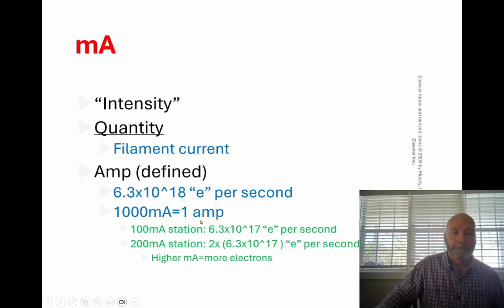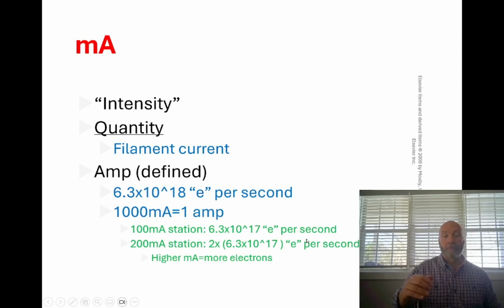Okay, so we don't use a full amp, but it's still a tremendous number of electrons. What we learned from physics last semester is that the creation of X-rays is very inefficient. So even if only 1% of the electrons we send across the tube become X-rays, that's still 10 to the 15th power X-rays.